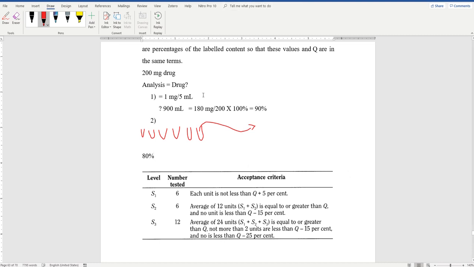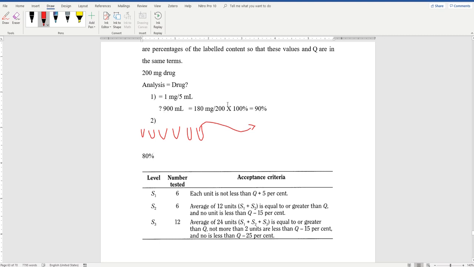It means look at each one of the 6. Are they 80% or more? If all 6 are 80% or more, then you stop and say your batch of tablets passes the test. Is that clear? You see how much drug dissolved in each vessel. How? You drew a sample from each vessel, analyzed each sample, and calculated how much drug is in the 5 ml you drew.